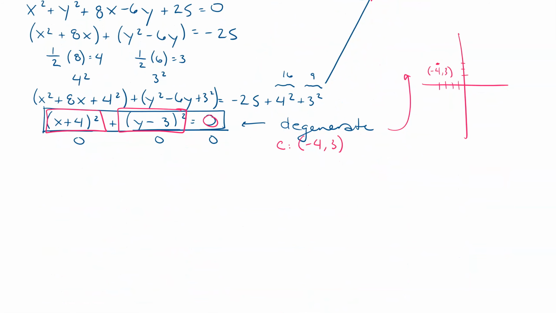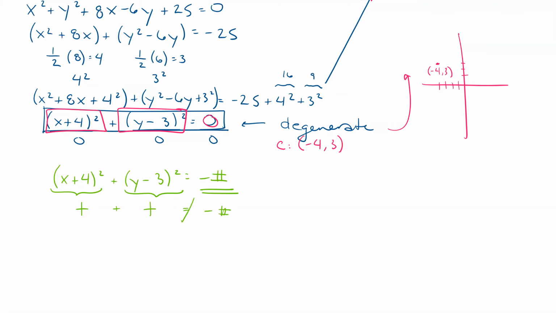Now let's pretend that we had a problem where after completing the square, we ended up with a negative number. Let's think for a second. Is it possible for a squared term plus another squared term to equal a negative number? Something that's squared is positive, and if I add another positive, there's no way I'm ever going to get a negative number.